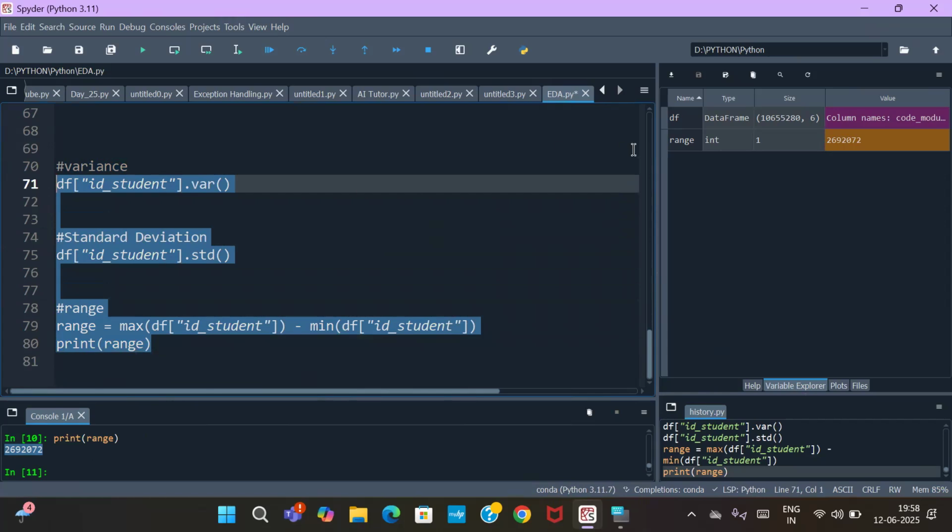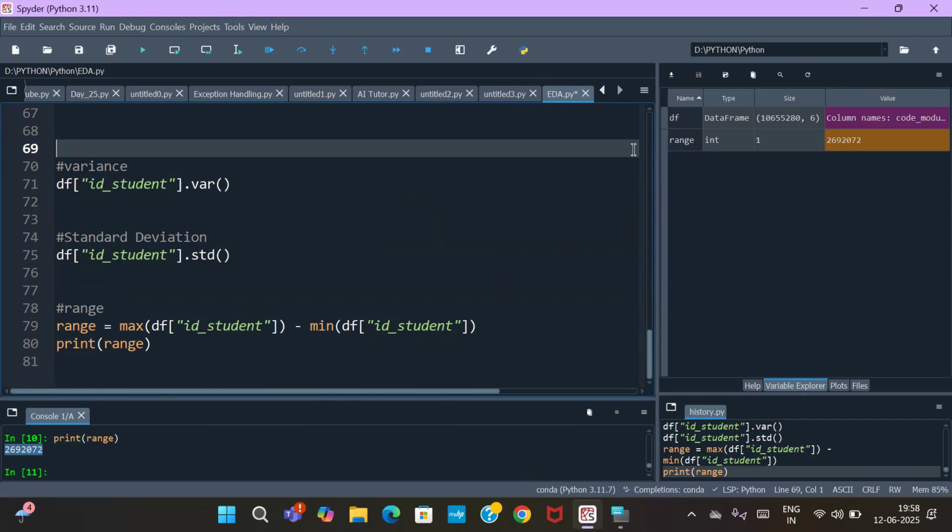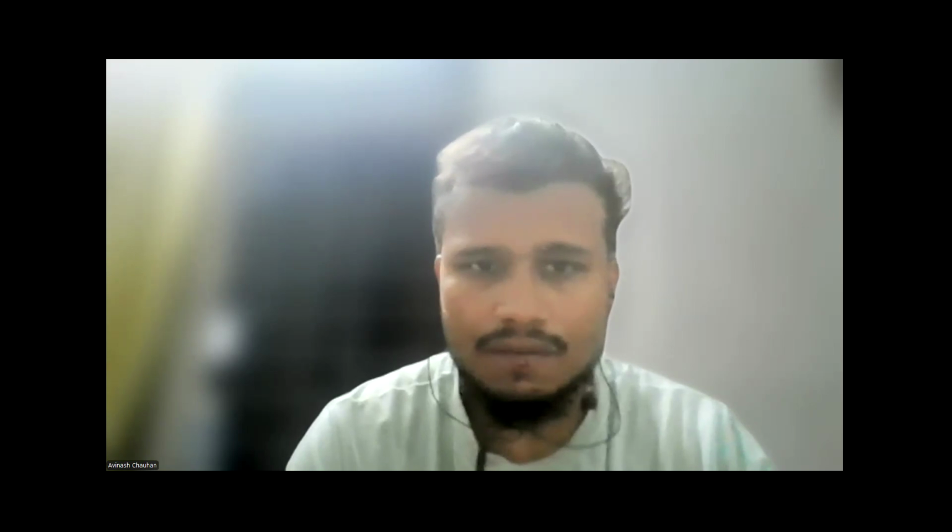And for tomorrow, we will be doing the third moment business decision and fourth moment business decision. And day after tomorrow, we will be discussing the plots. What is univariate plot? What is bivariate plot? And these all things. So I am stopping here today. And tomorrow we will discuss the third and fourth moment business decision respectively.